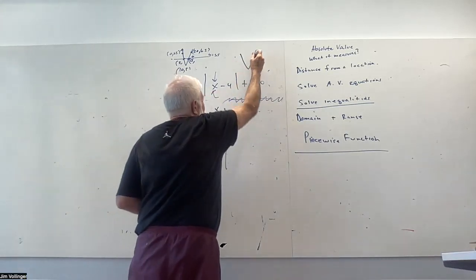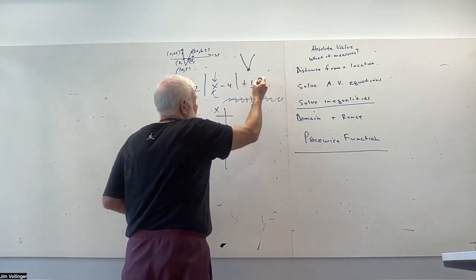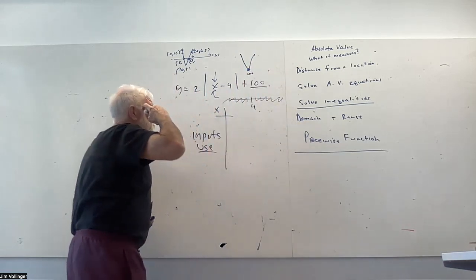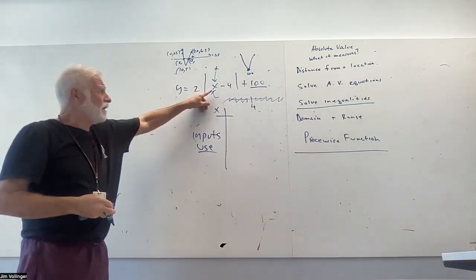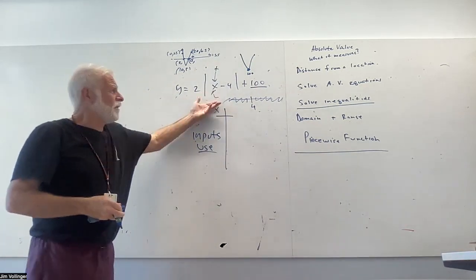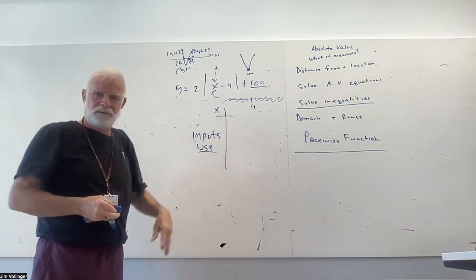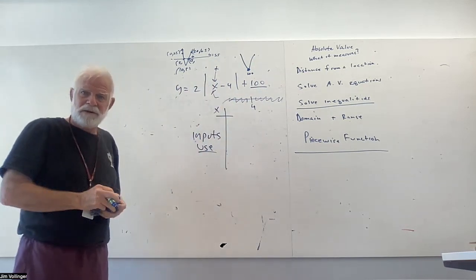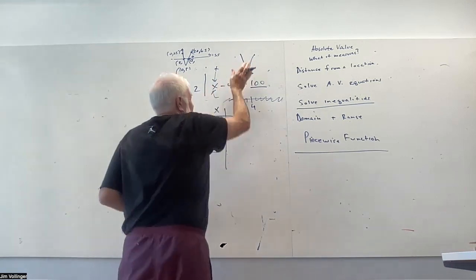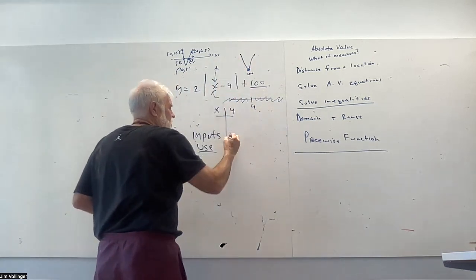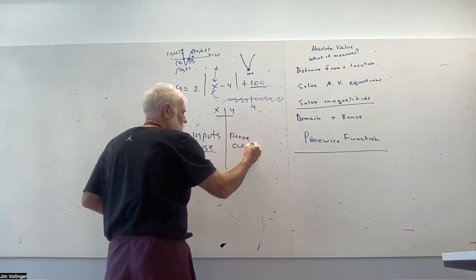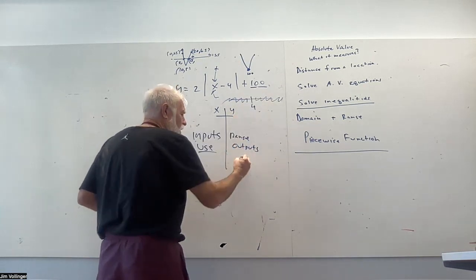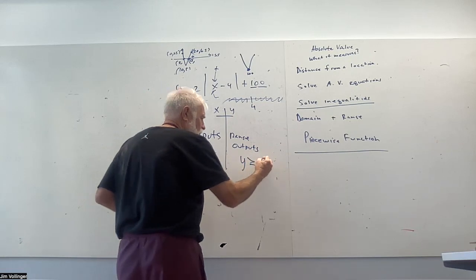It's got a minimum, and the minimum value is 100. This thing is going to mostly kick out positives. The only time it doesn't kick out a positive is when you put a 4 in. Any other number, the absolute value has a distance from 4, which is positive. Distance is positive. So things are going up. And so that's what we call our range. Our range is outputs. And the outputs in this graph are all bigger than or equal to 100.